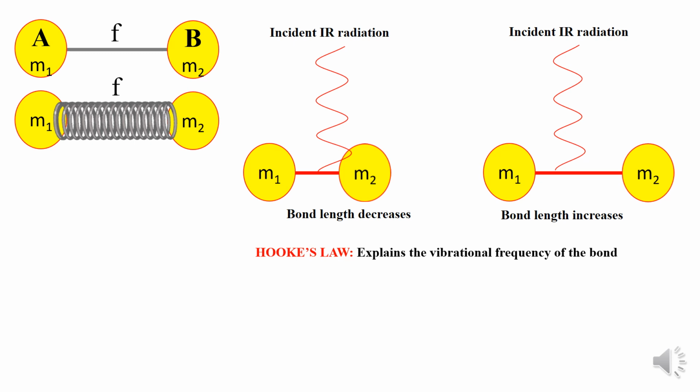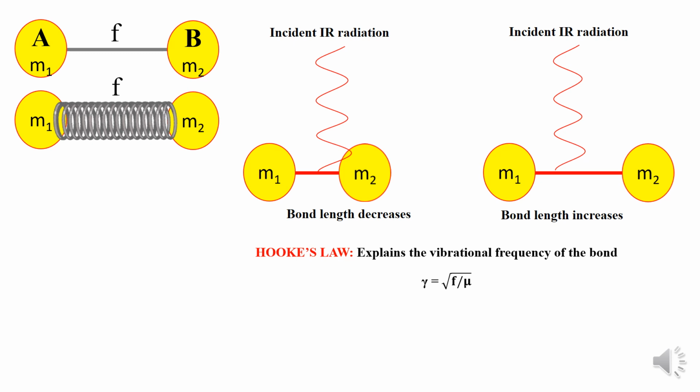Now what is the role of Hooke's law here? Hooke's law explains the vibrational frequency of the bond that is holding the two atoms together. And using Hooke's law, one can calculate the region where the probable vibration can occur.